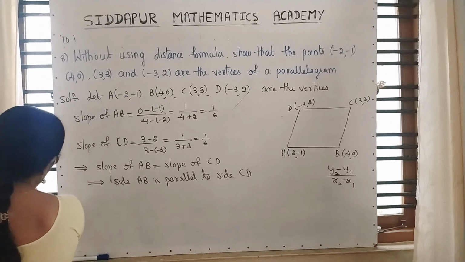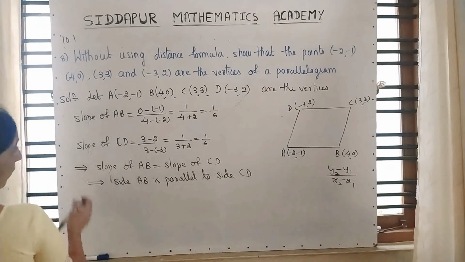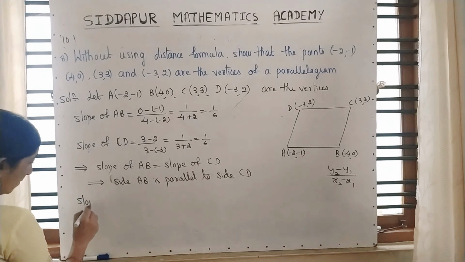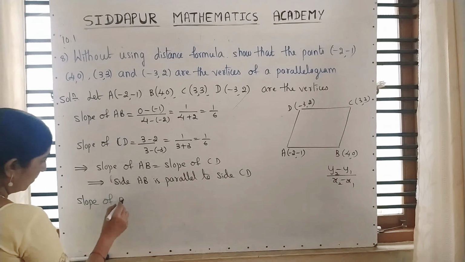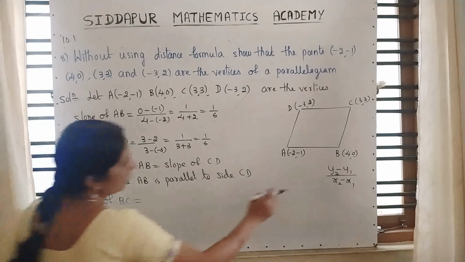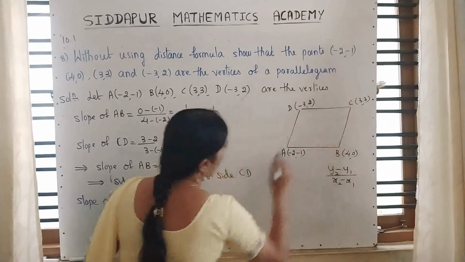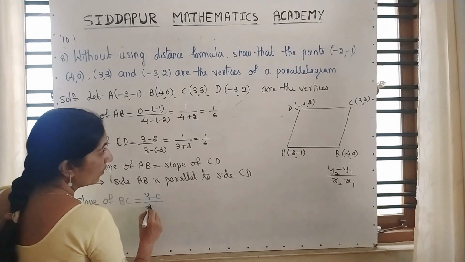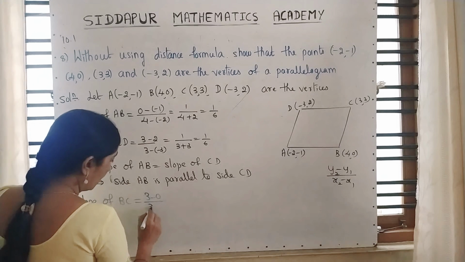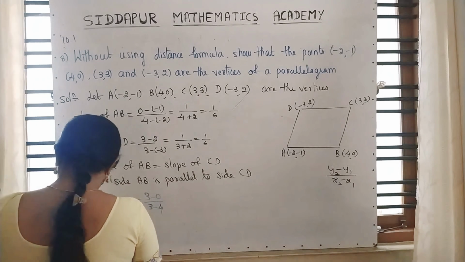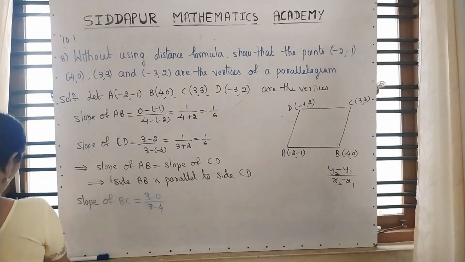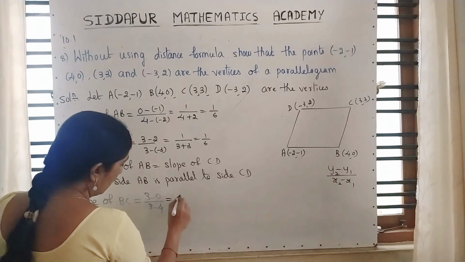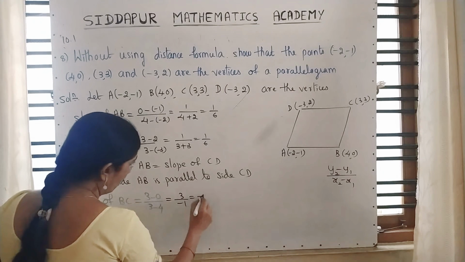Moving to the next part. I am finding the slope of BC, another pair. Slope of BC means this is x1, y1, this is x2, y2. 3 minus 0 upon 3 minus 4. That is 3 upon minus 1, which is minus 3.